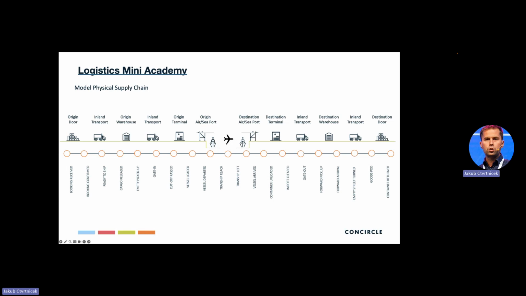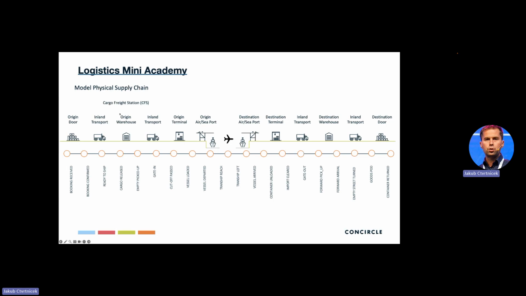There's a bit different type of containers. I will get to it in the next session. And then it goes over in the destination the same way until it is deconsolidated in the destination and brought to either our production or to our customer, depending whether we are on the outbound or the inbound. Important to mention, this flow could be built on both the inbound and the outbound, so you have to ask this question for both flows.